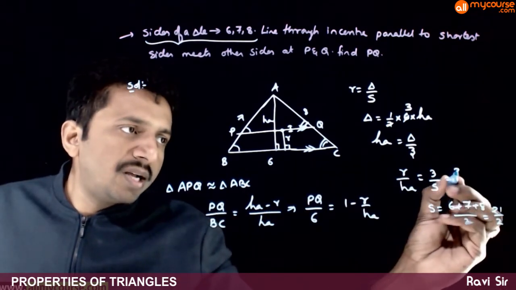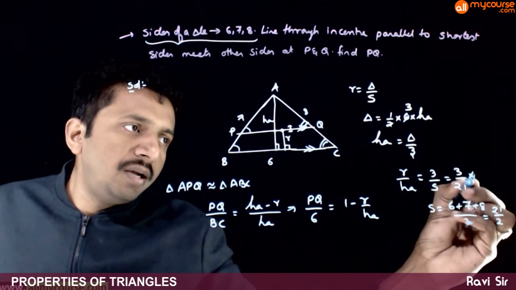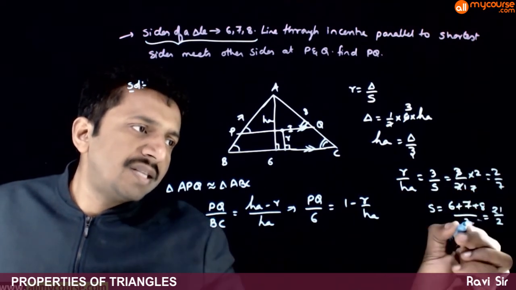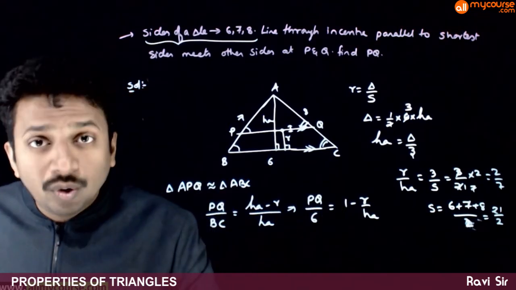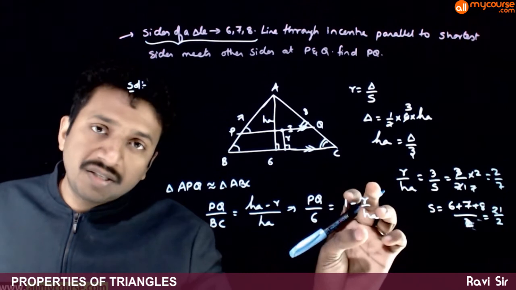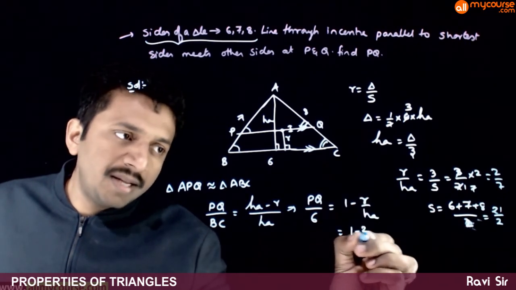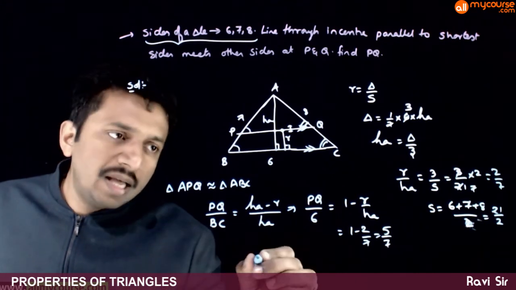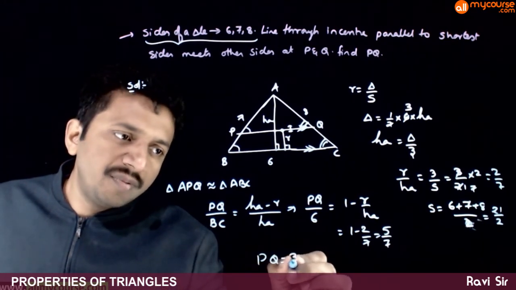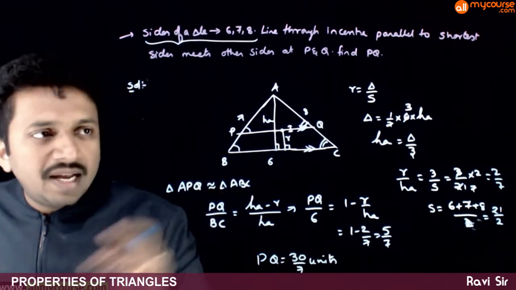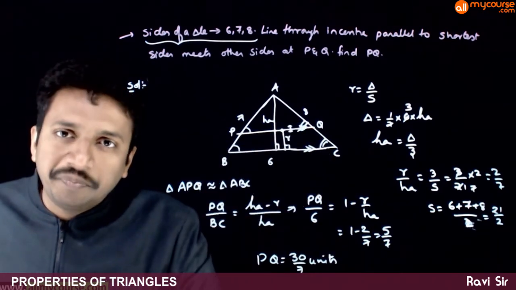So if you put 21 by 2 here into 2, that is equal to 2 out of 7. So R by HA is 2 out of 7. 1 minus 2 by 7 is equal to 5 by 7. And PQ is equal to 30 by 7 units. So that will be the length of PQ.